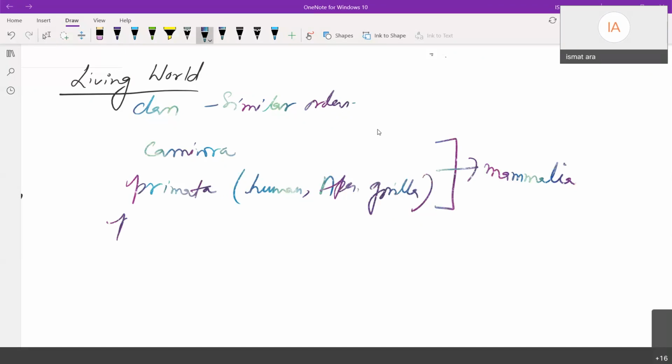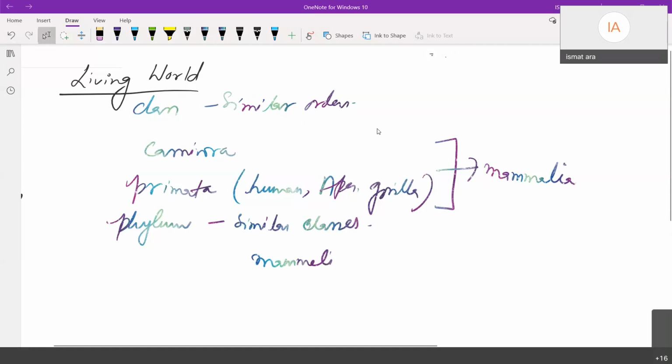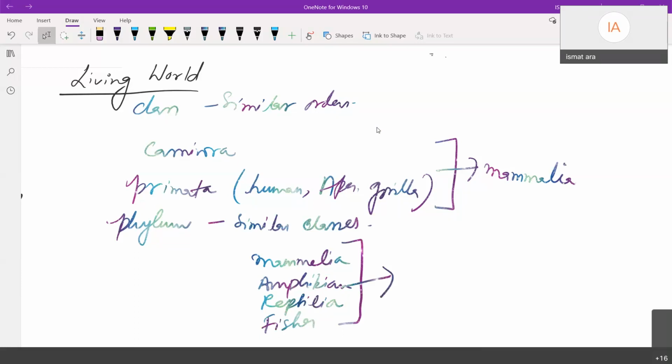The last one is the phylum. Phylum means similar classes. So take one example from here. Mammalia, amphibians, reptilia, and fishes. All these classes come under a common phylum, that is Chordata.